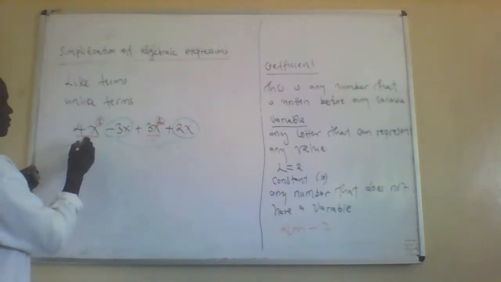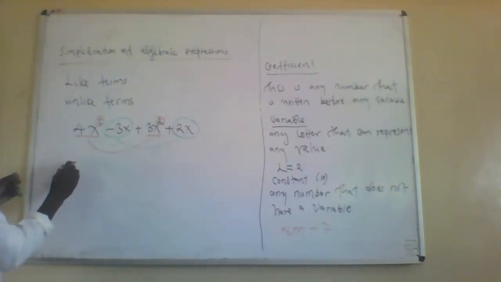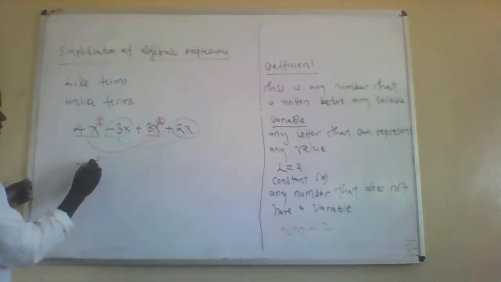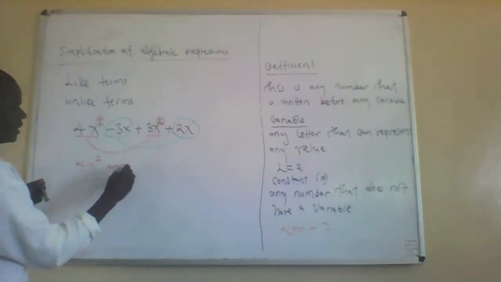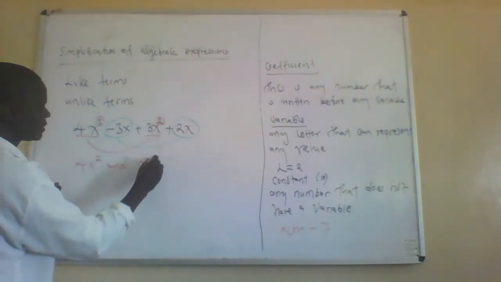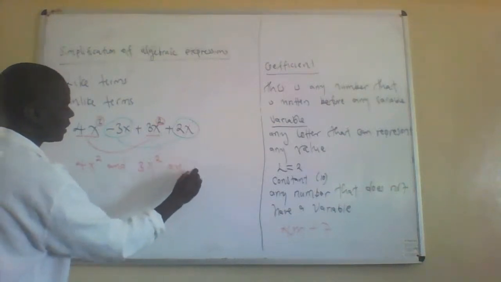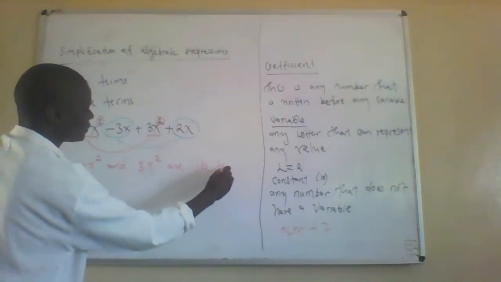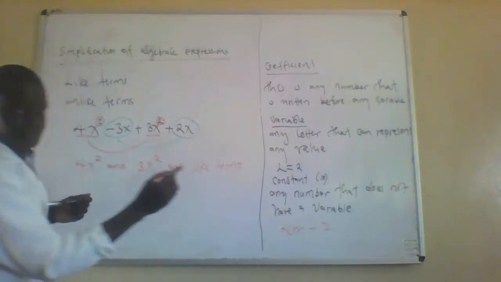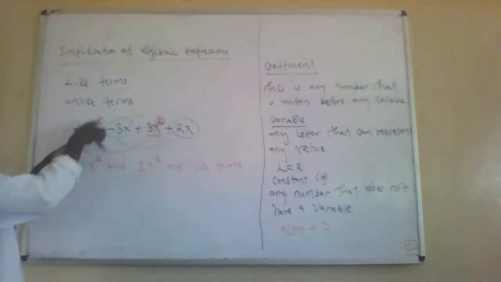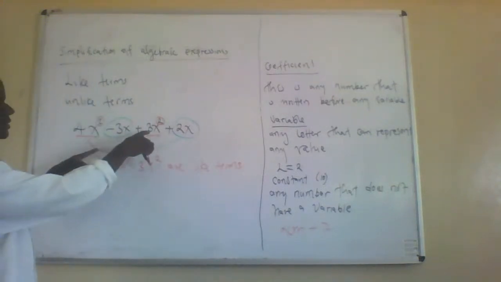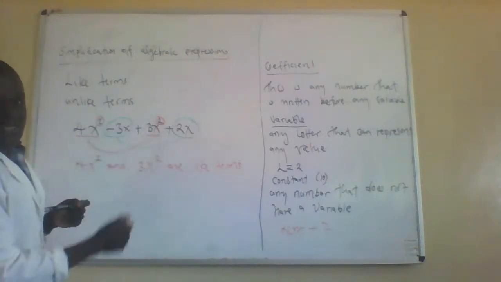Okay, so what can we say? We can say 4x squared and 3x squared are like terms.